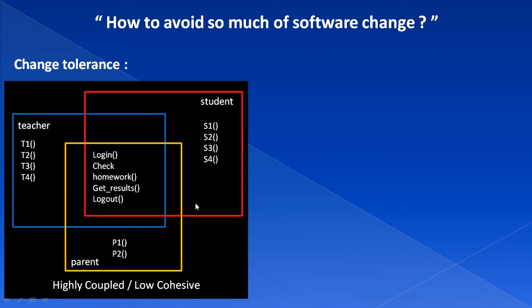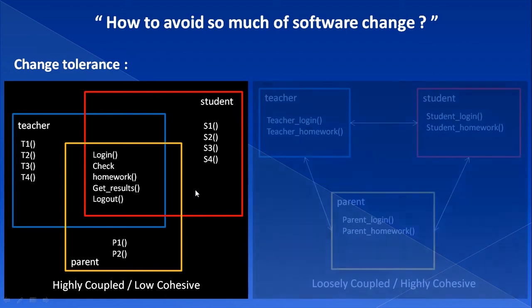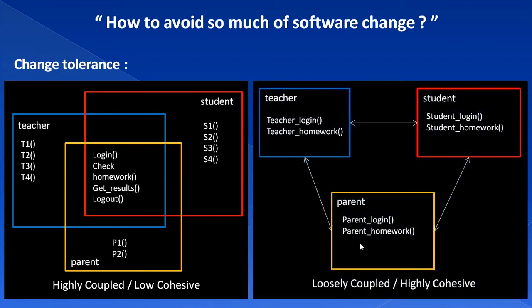And I have another image here. Now here you can see the same system, parent, teacher, and student, but the modules are very independent, loosely coupled, not highly coupled. Teachers have their teacher login, students have their student login, parents have their parent login, right?